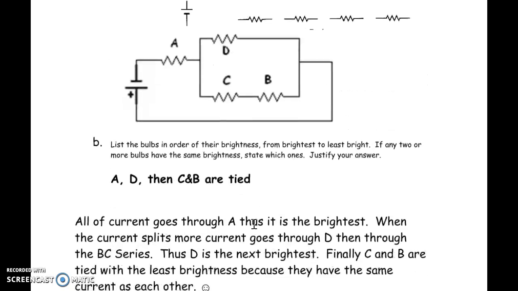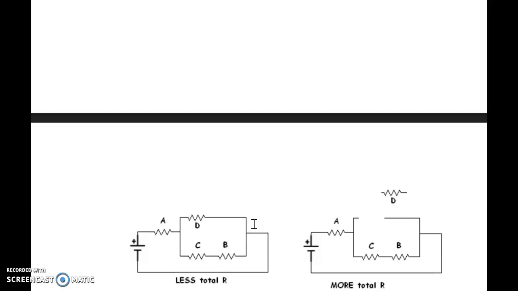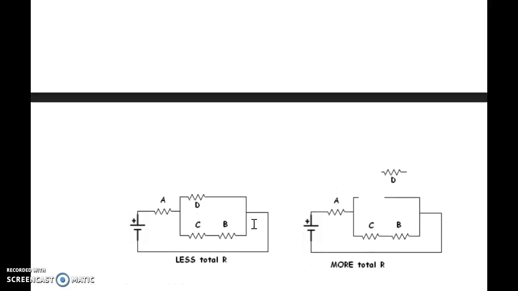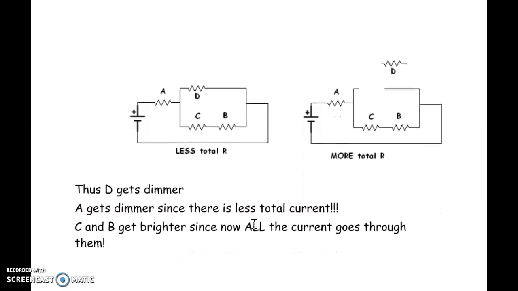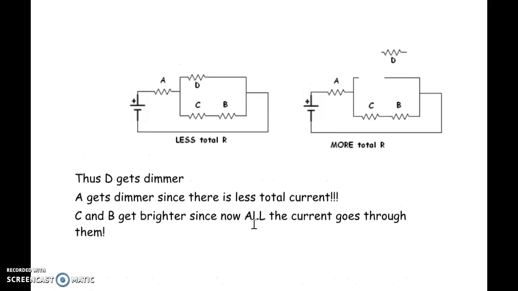The next question asks, what's happening if D gets removed? This is an interesting question. If D gets removed or short-circuited or broken, D goes dim, so obviously D gets dimmer. Interestingly, we still have all the current going through A, but don't assume that means A is the same as before.